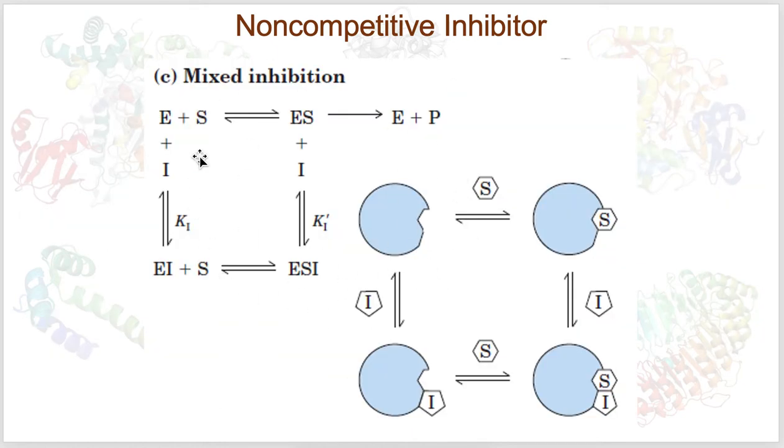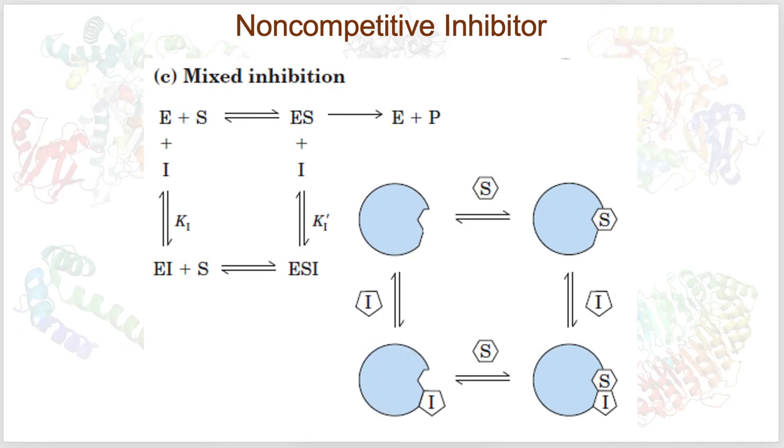This slide shows how the non-competitive inhibitor works. The non-competitive inhibitor binds both with the free enzyme and also with the enzyme-substrate complex. They can bind in the active site of the enzyme, affecting both substrate binding and catalytic activity, and they can also bind in a distinct site other than the active site and interfere with the catalytic activity of the enzyme.